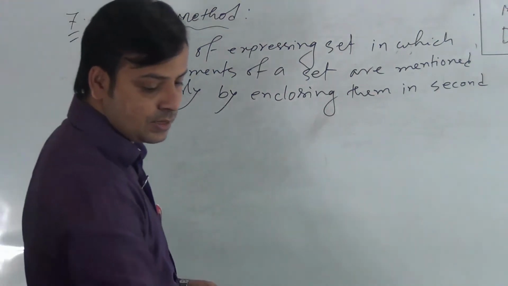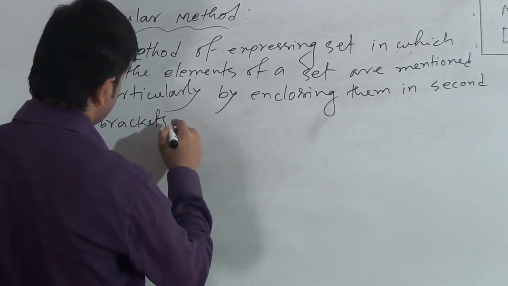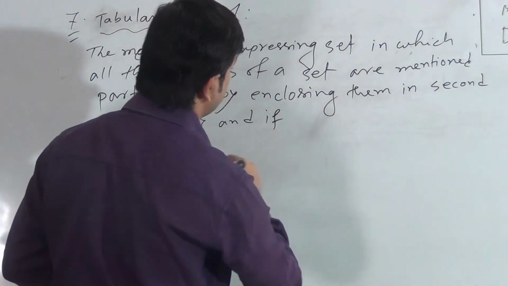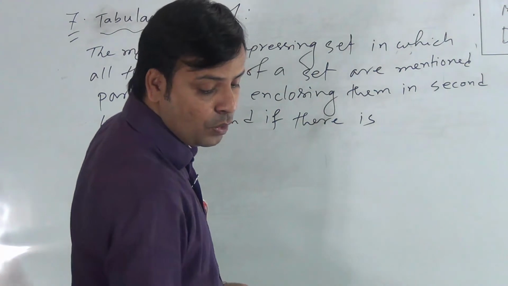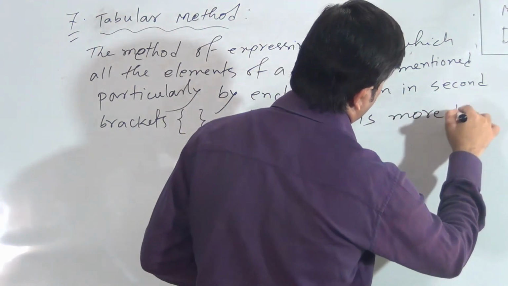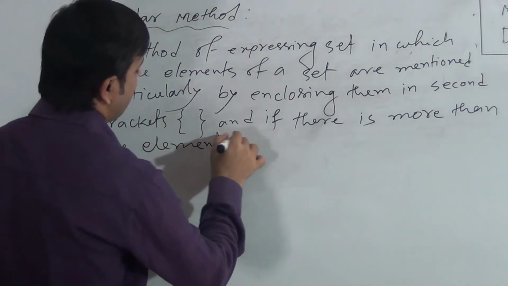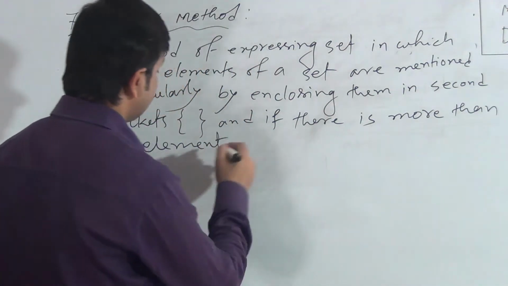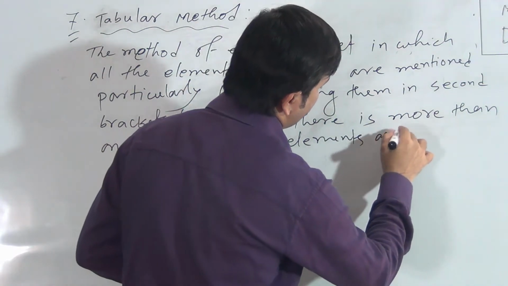In second brackets, and if there is more than one element, the elements are separated by using comma.